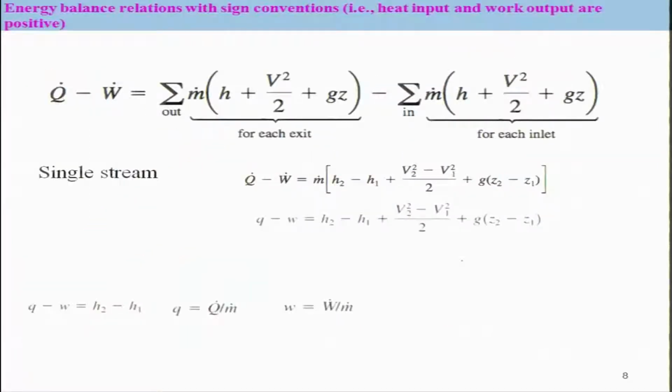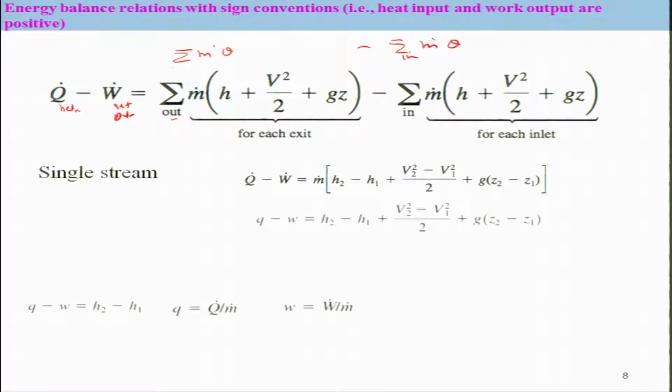We can also write a very generic expression, that would be Q net in minus W net out, equal to the summation of m dot theta for out minus the summation of m dot theta for in.